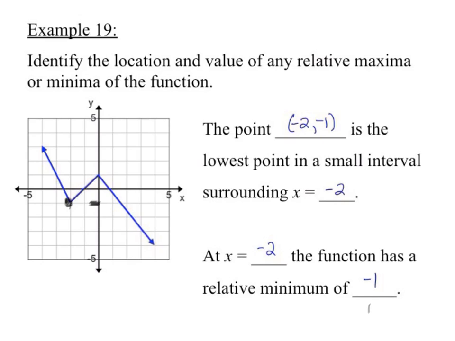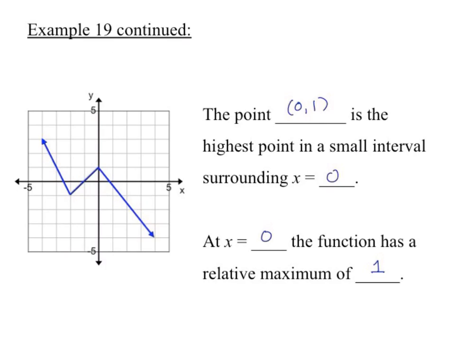So this will be your y value here. If we look at the same graph, the point 0, 1 is the highest point in the small interval surrounding x equals 0. At x equals 0, the function has a relative maxima of 1. Maxima is the hill, minima is the valley.